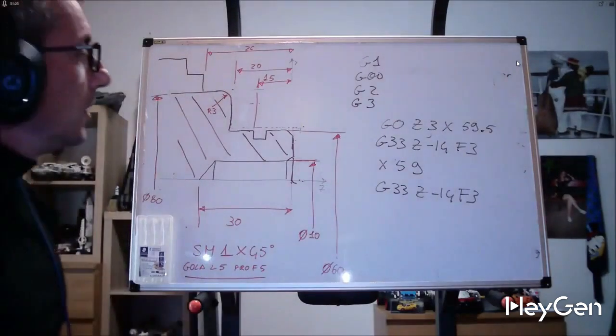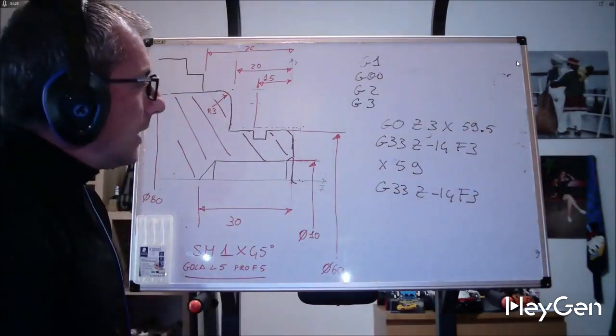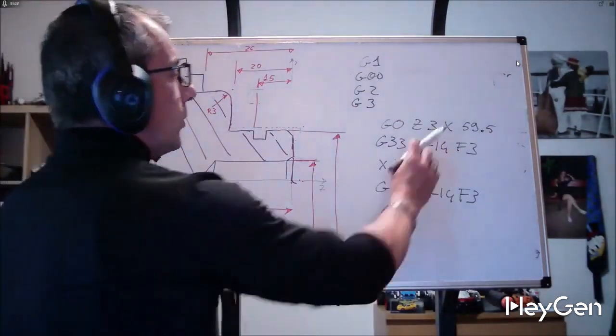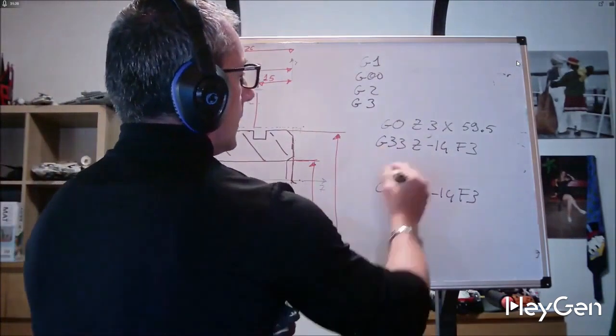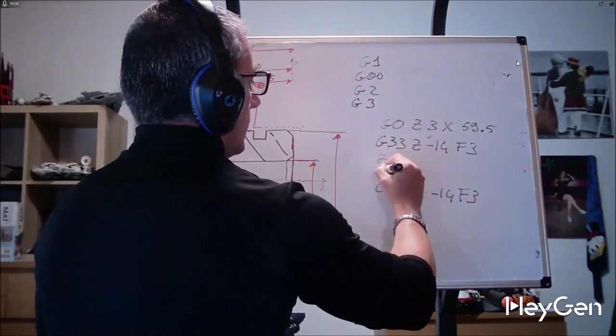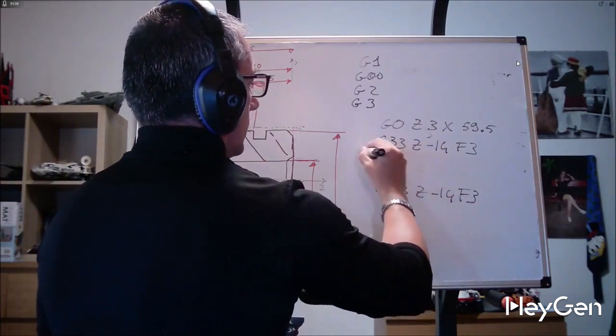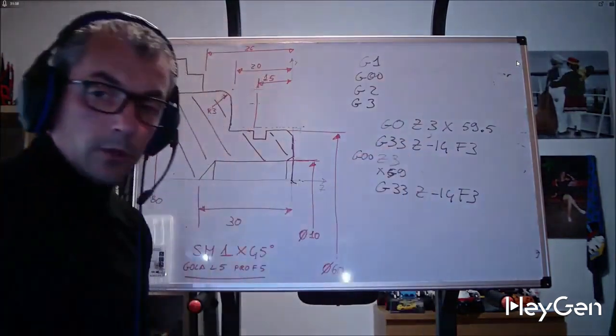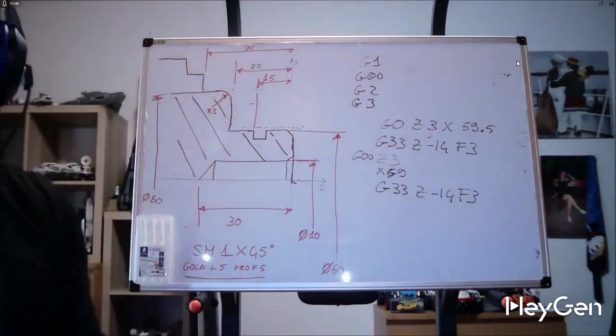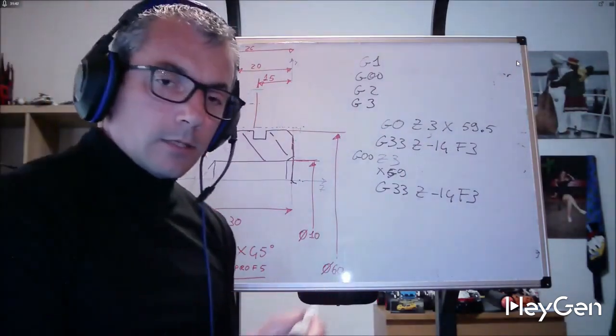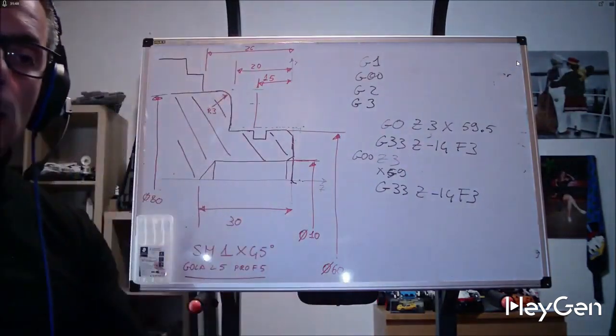It resumes the thread. I tell you the truth, I have a doubt about returning to Z3, so in case, Z3, X 59, because one cannot think of making all the threads in one go. Say we have an M3 thread.